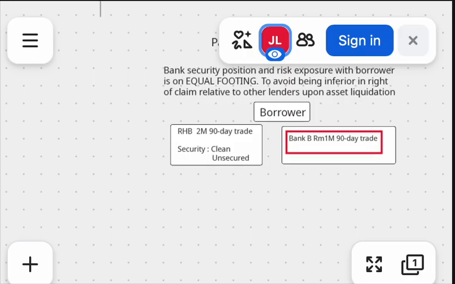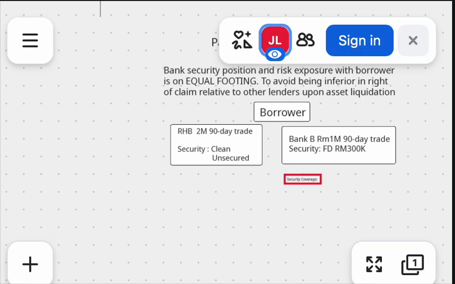And say the security is a fixed deposit of 300,000. Akmal, have you heard of the term security coverage before? What is the formula for security coverage?